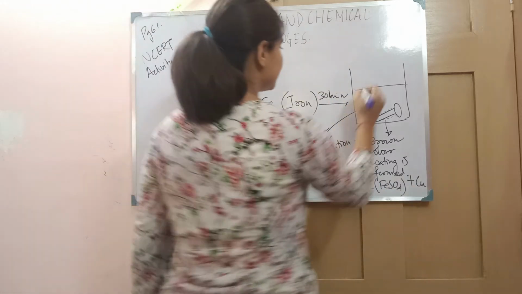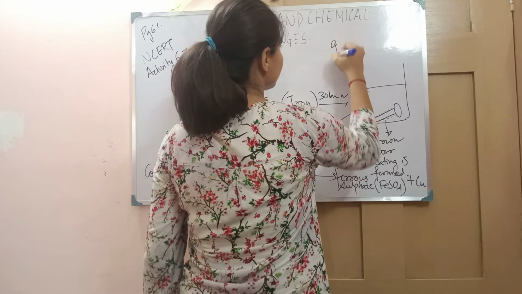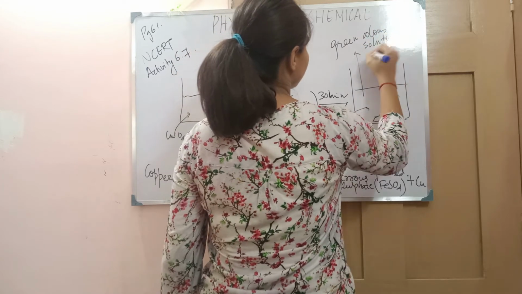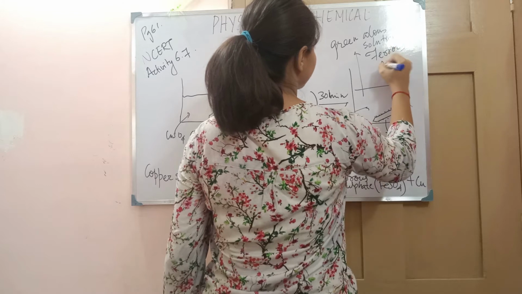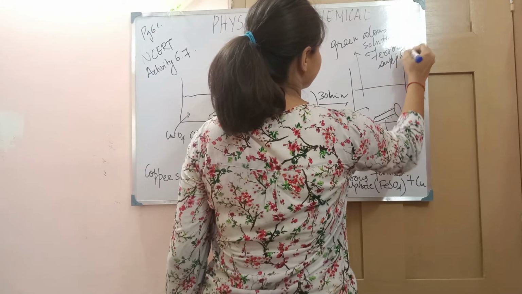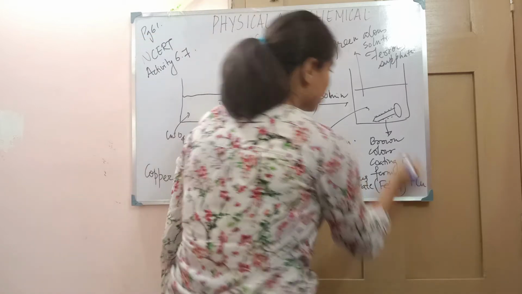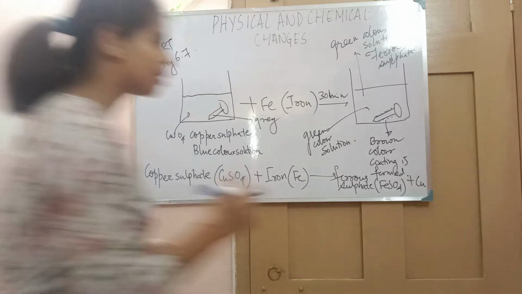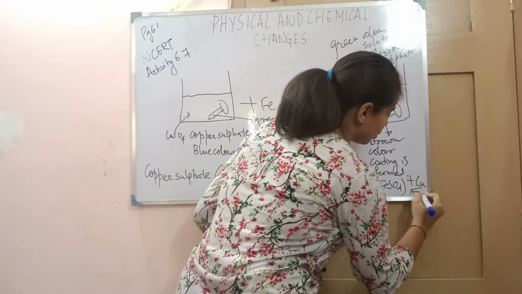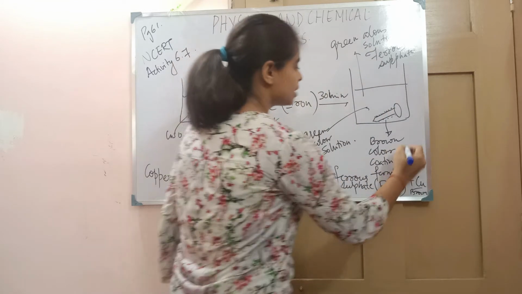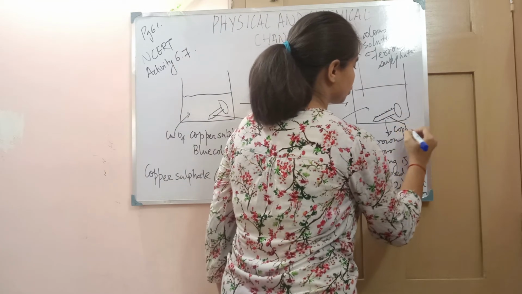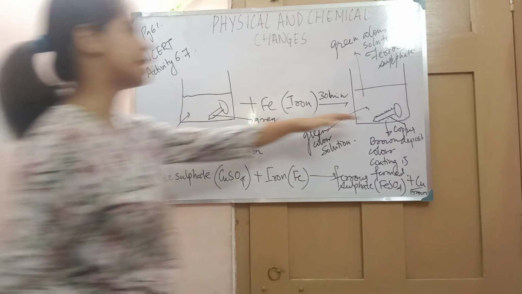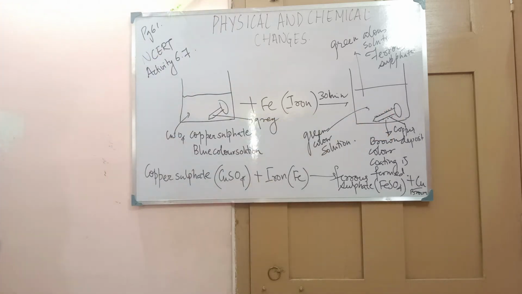This green color solution is because of the formation of ferrous sulfate. And the brown color coating that you are seeing on the surface of the iron nail is because of the copper. This brown color is nothing but copper deposition. Copper that has been coming out from the solution is getting deposited over the iron nail.